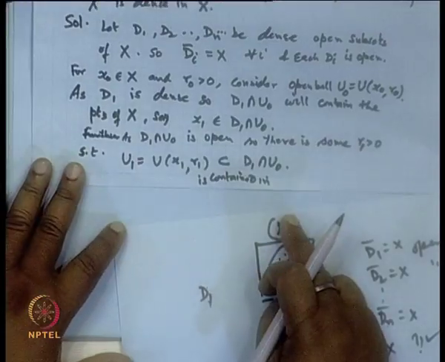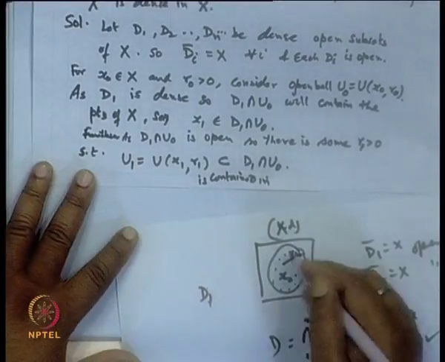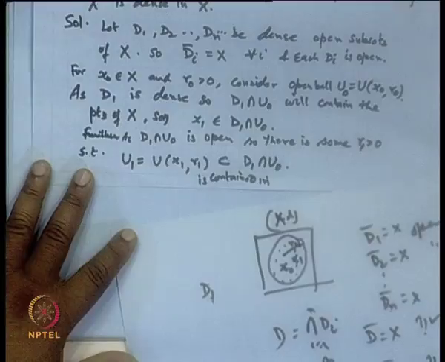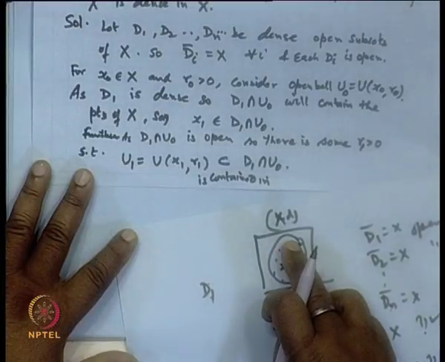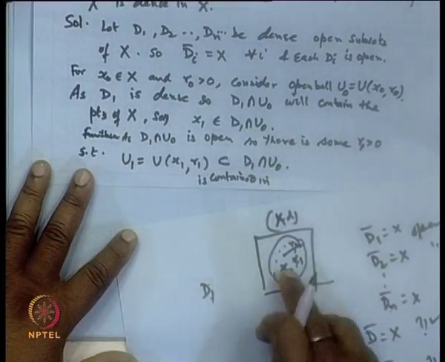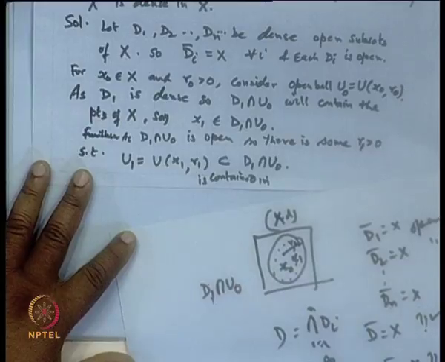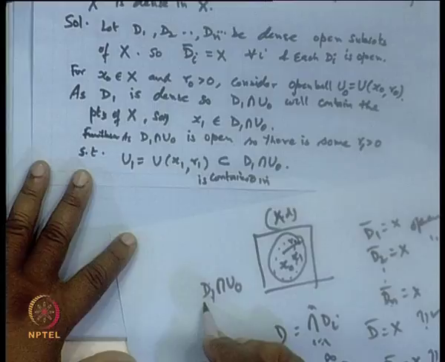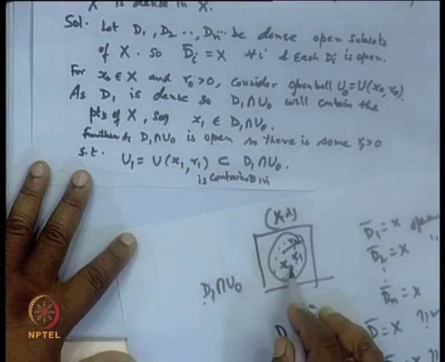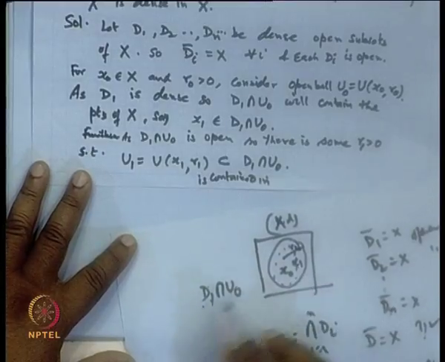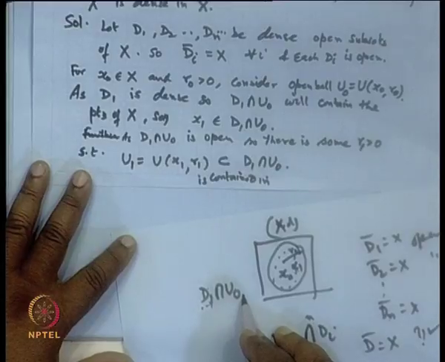So we can identify a point x1 in the intersection of D1 and U0, which is available because D1 is dense and U0 is an open ball.